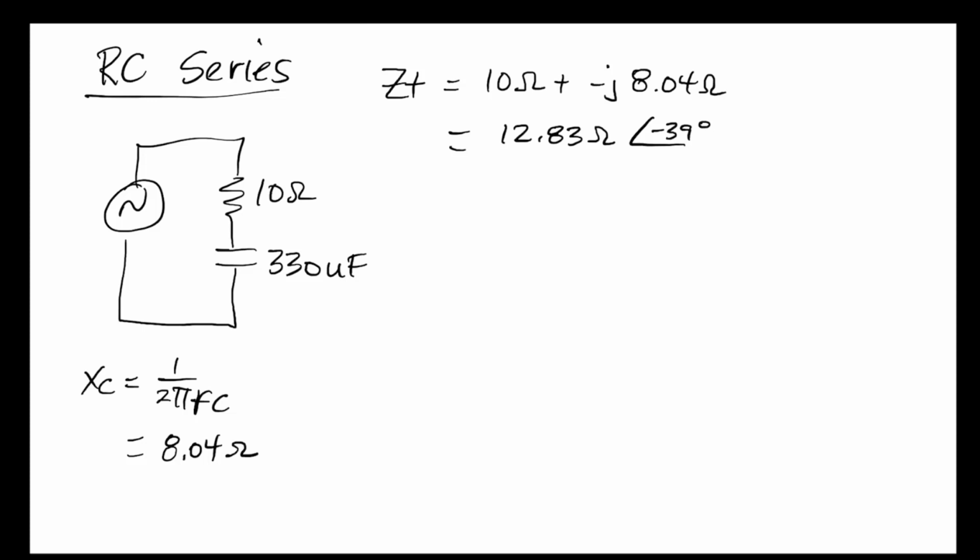Remember, because it's a series circuit, we can determine the total impedance by adding them up, and that can be shown in a triangle. So we would have R equal to 10 ohms. We would have a minus J component here, a minus J component of XC, and it would equal 8.04 ohms.